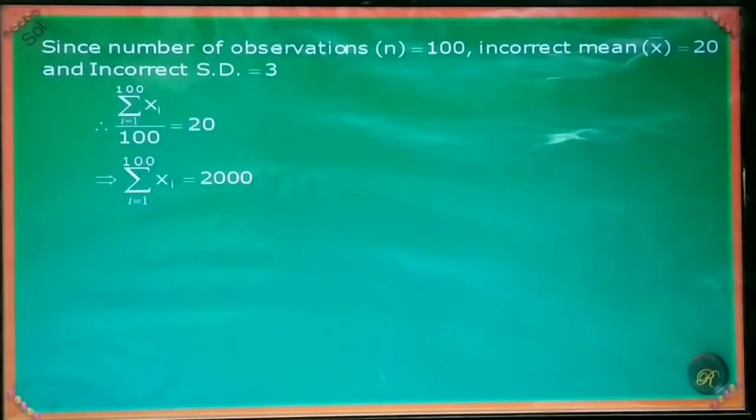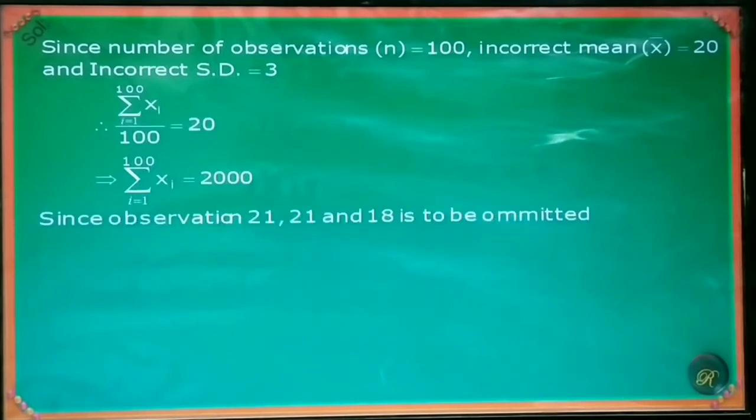Since observations 21, 21 and 18 are to be omitted, therefore sum of 97 observations is equal to 2000 minus 21 minus 21 minus 18. What is the simplification? 1940.